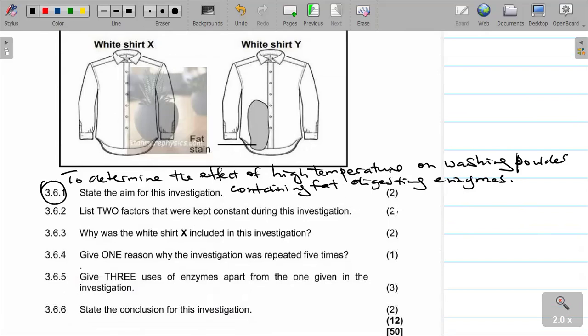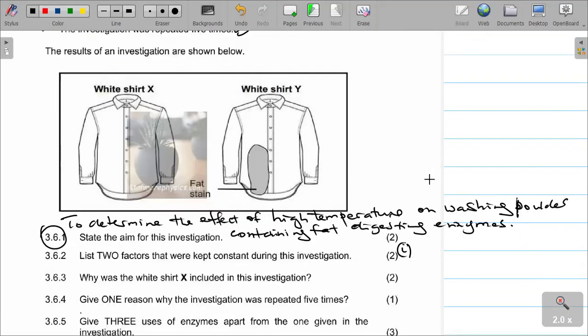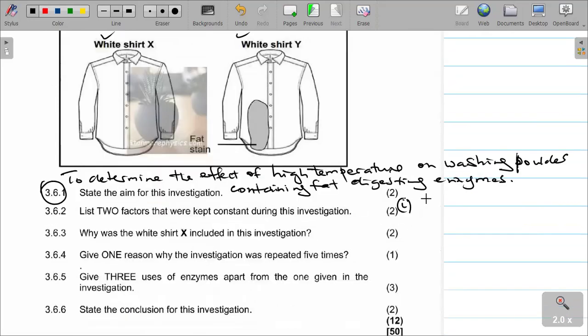Factors that were kept constant. Which factors were kept constant? You see that there was a white shirt used, so the color of the shirt was kept constant. They also had the same fat stain.